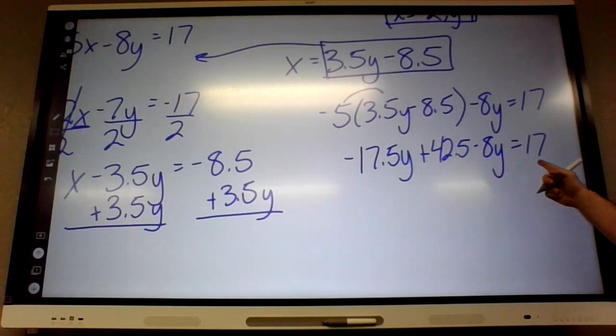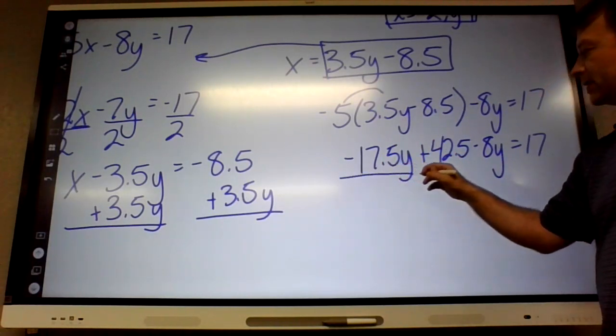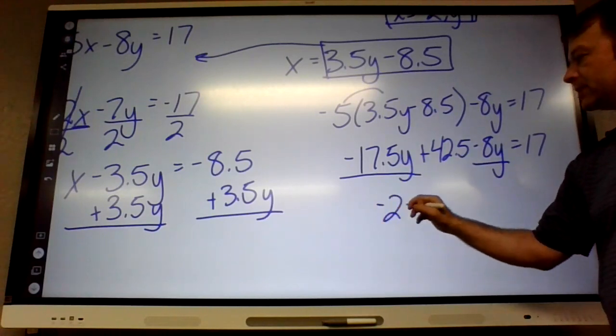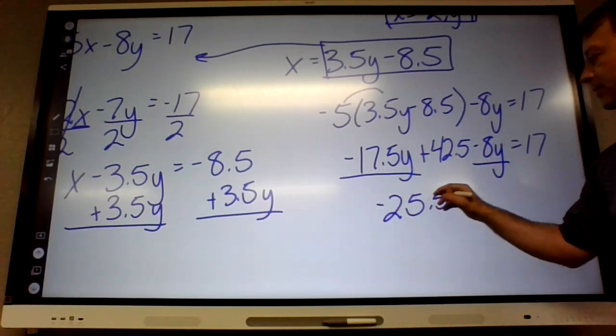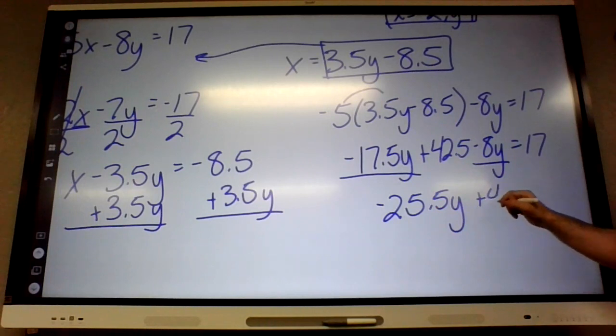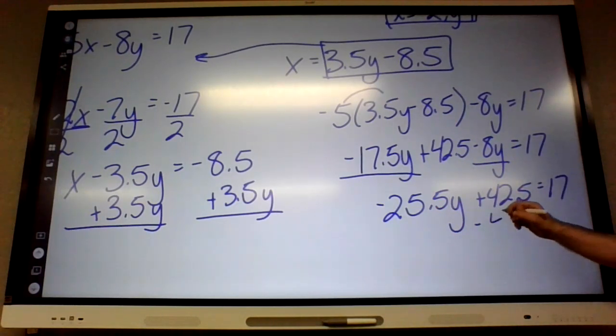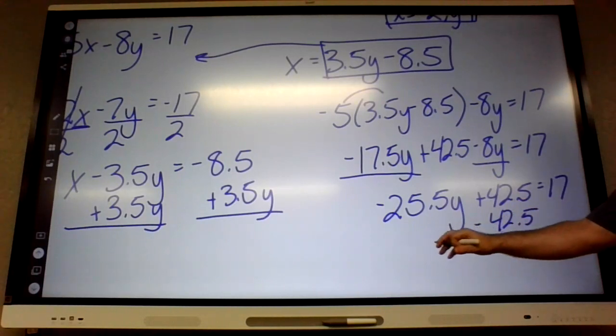You can subtract 42.5. Let's put these together. Negative 17.5 minus 8. I believe that's negative 25.5. So yeah, subtract 42.5.